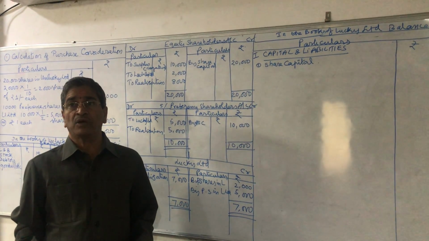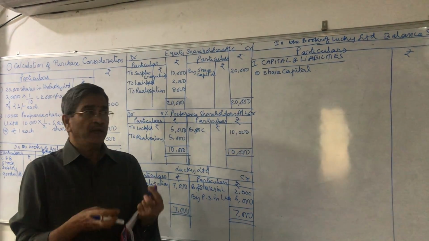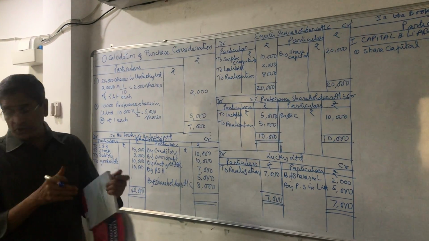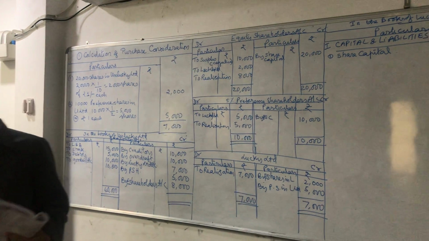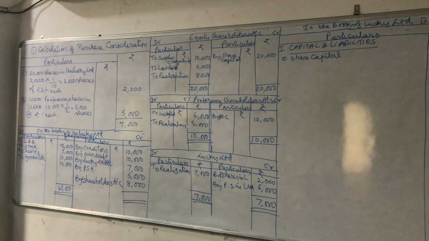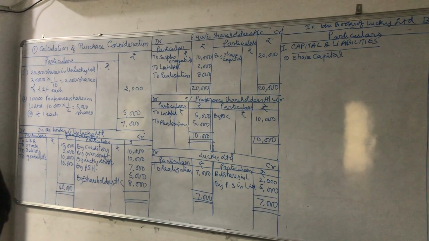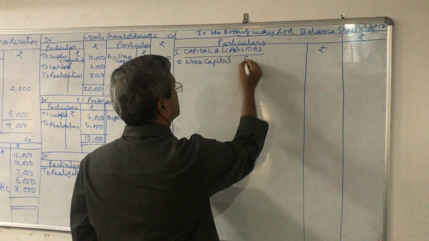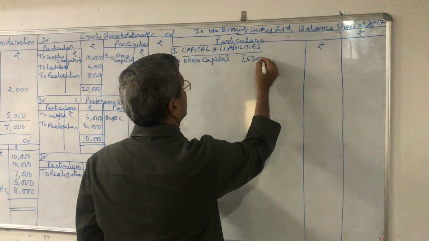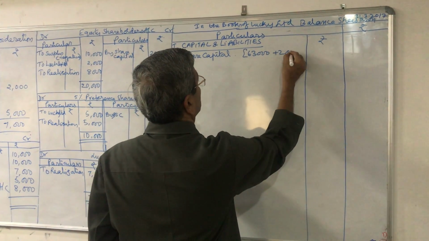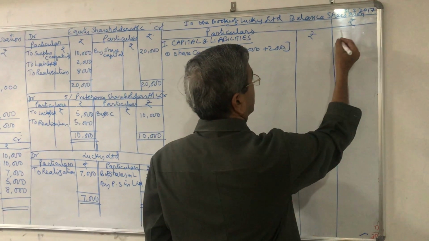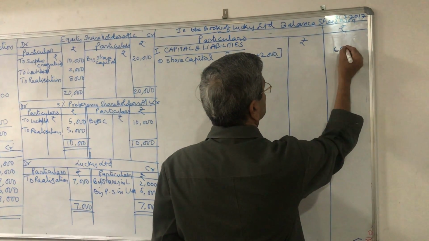So 63,000 is already existing, and another 2,000 you have issued to the shareholders here. There is no premium, no discount. Simply you have to just add and then show it. So that comes to share capital 63,000 plus 2,000 issued to shareholders of Unlucky Limited, together is 65,000.